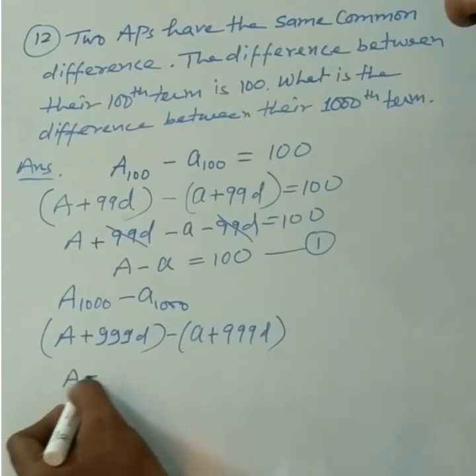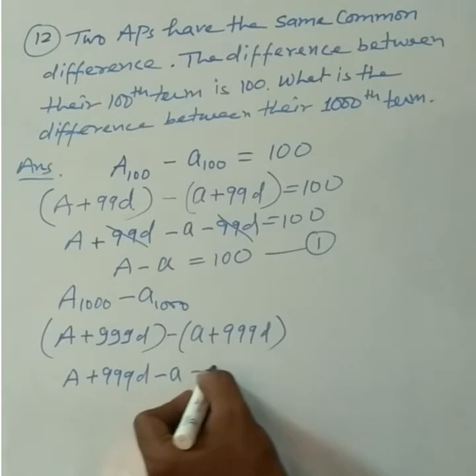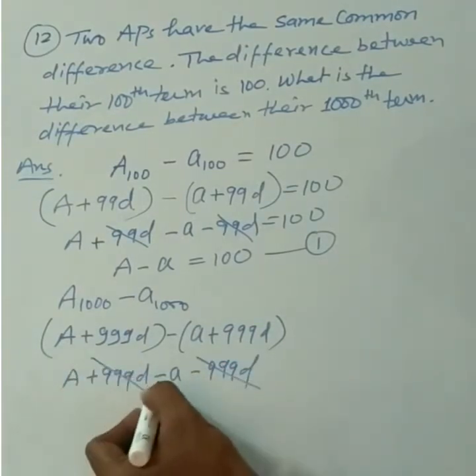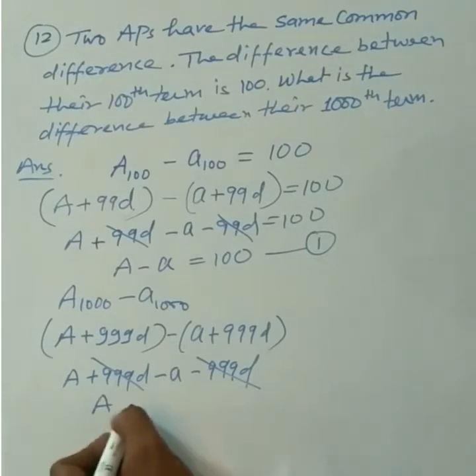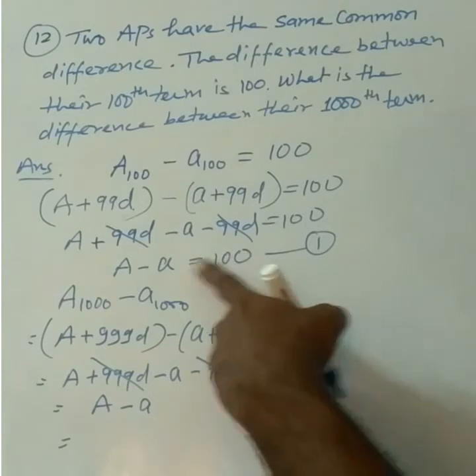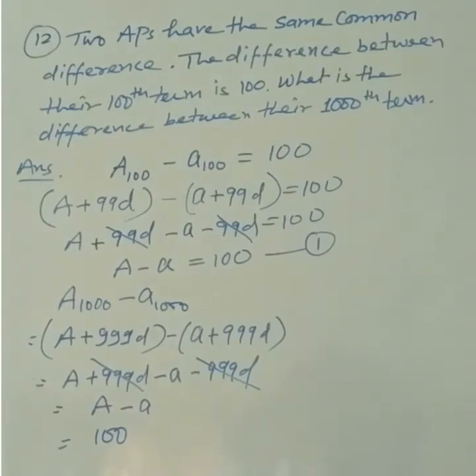So here it is A plus 999D minus a minus 999d. This is cancelled. So we are getting A minus a. And from the first equation, A minus a is equal to 100. So this is also 100. Therefore, the difference between their thousandth term is also 100.